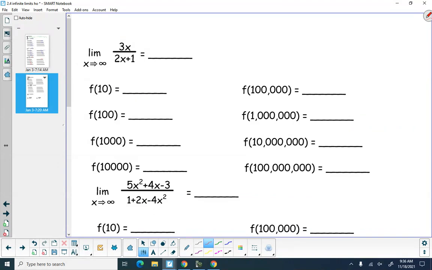Well, let's take 3x over 2x plus 1. So once again, you need to quantify the numerator and you need to quantify the denominator.